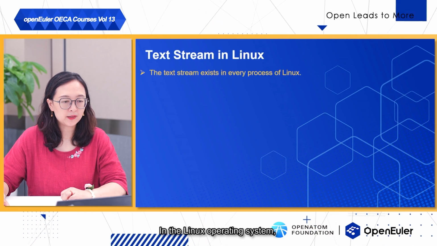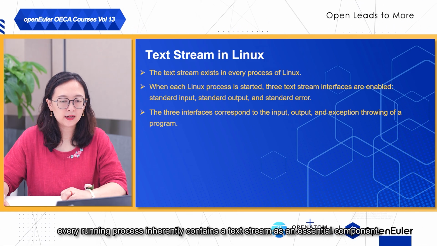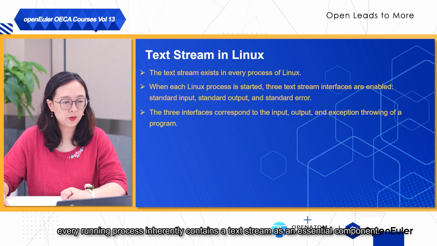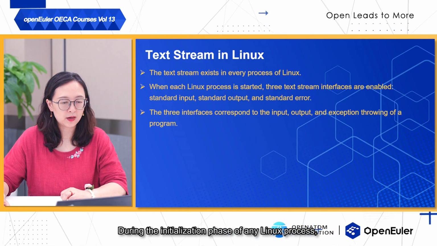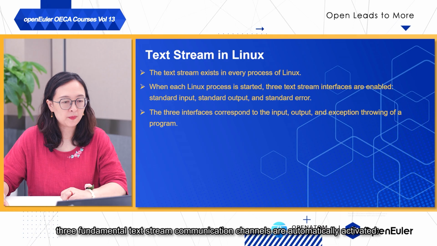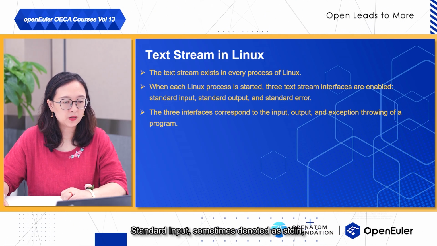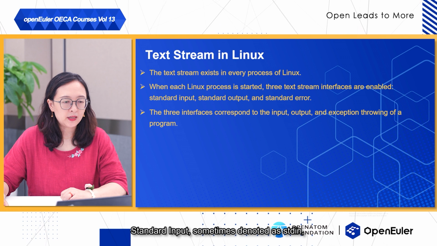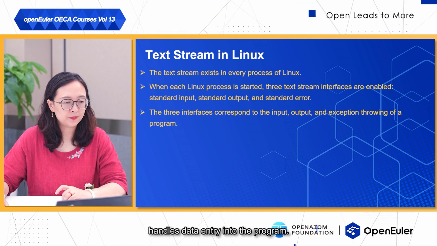In a Linux operating system, every running process inherently contains a text stream as an essential component. During the initialization phase of any Linux process, 3 fundamental text stream communication channels are automatically activated. Standard input, sometimes denoted as stdin, handles data entry into the program.